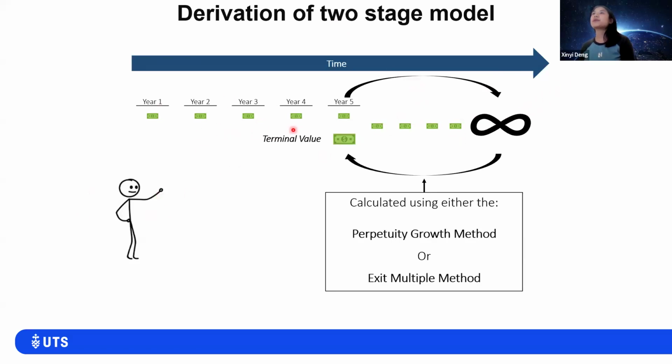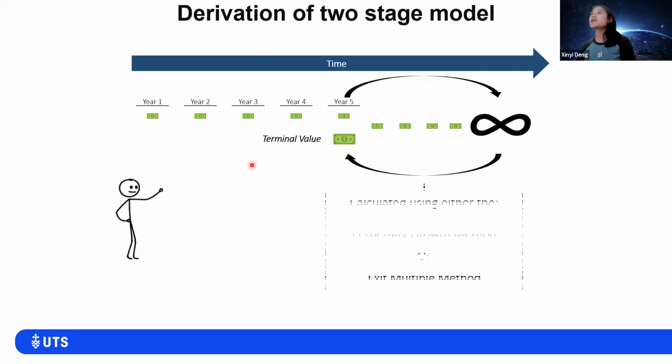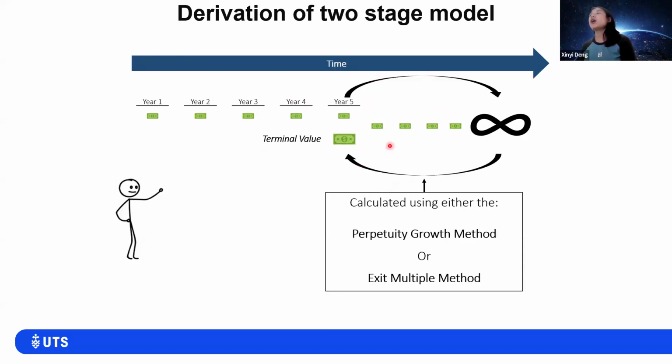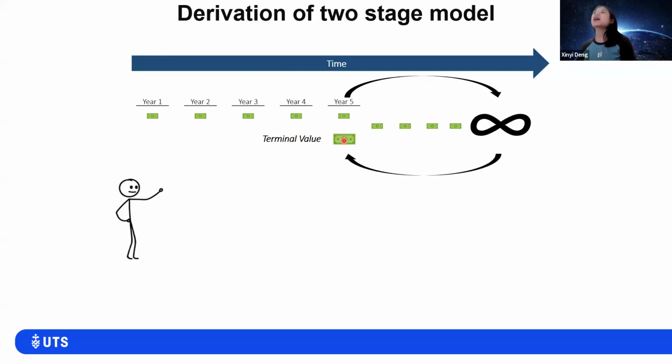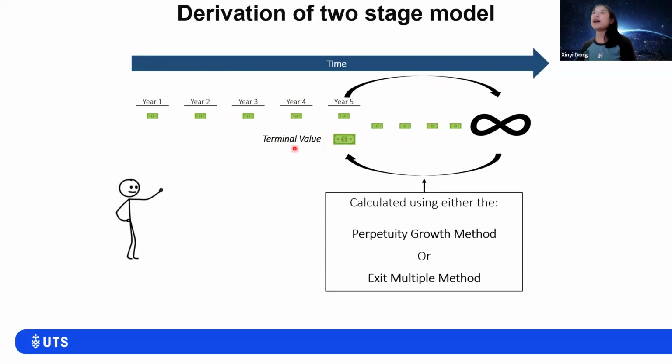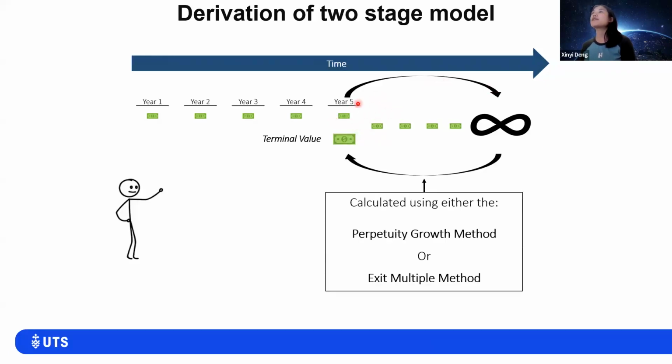And what do we need to do to estimate the present value for him in this scenario? Like always, the tricky part is to estimate the terminal value of the second stage. Because our second stage starts from the end of year 5, the first cash flow for the second stage occurs at year 6.